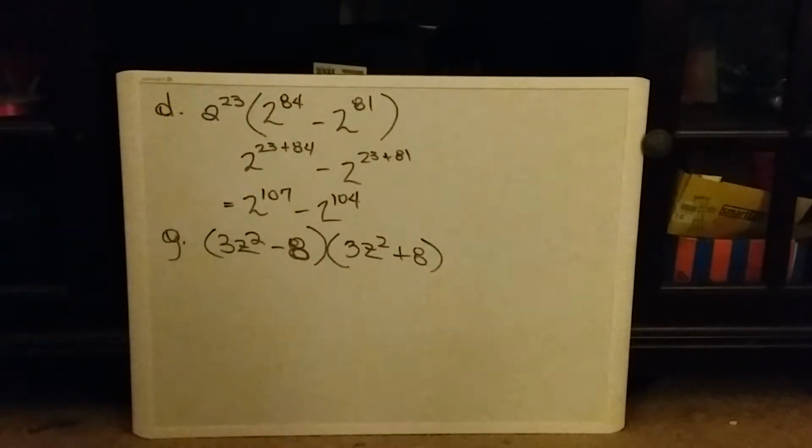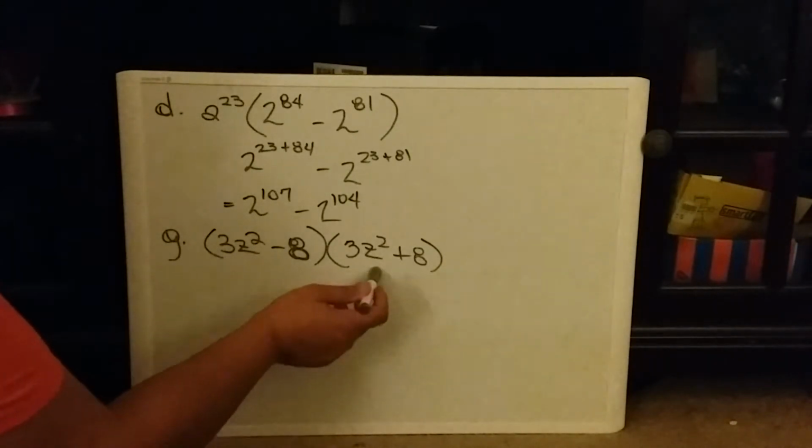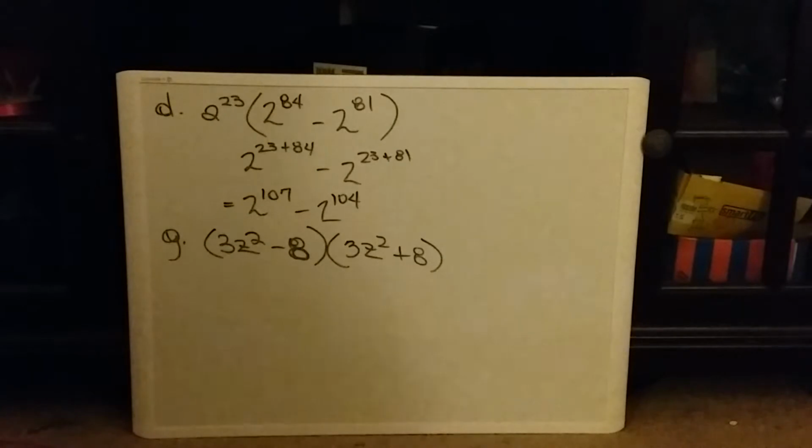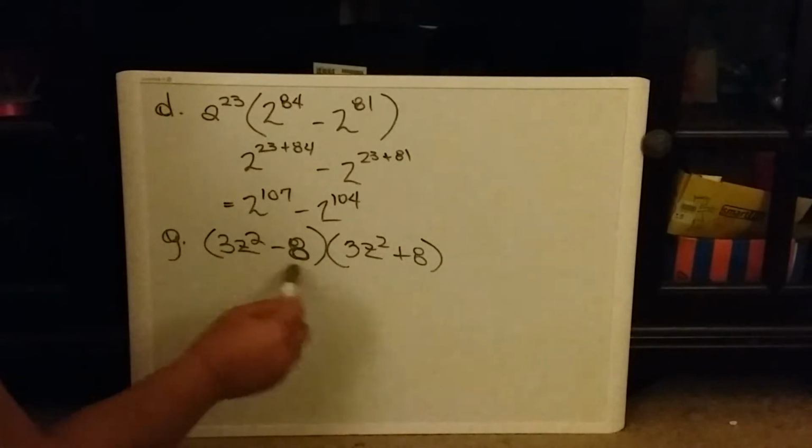Okay, so this is something I was trying to tell you last week. This is a special type of problem, where you have the same first terms, the same last terms. They have to be identical, but you have different signs in the middle.